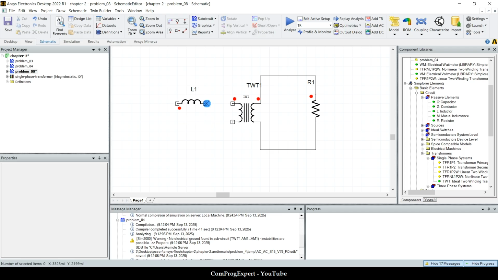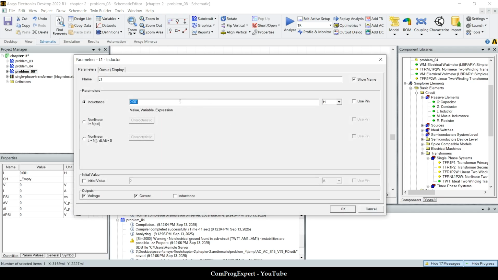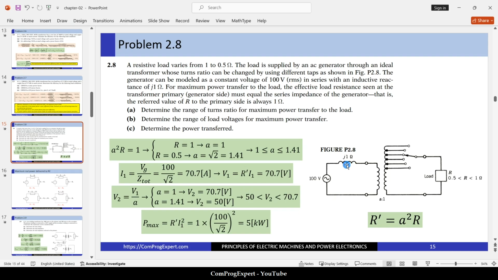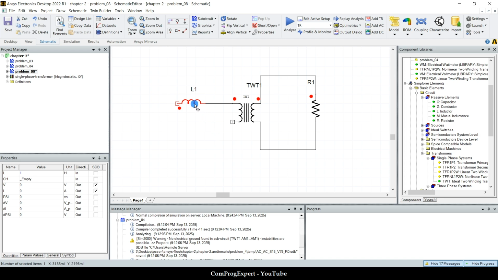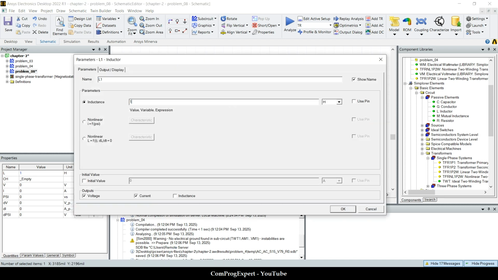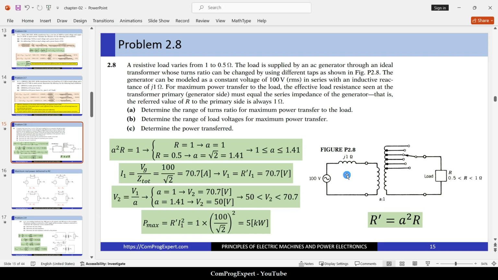Okay, the value of the inductor is 1 Henry. Yes, j1. Excuse me, this is the reactance. We need to set the inductance here. We don't have the value of the frequency here, right? The frequency is not given here.